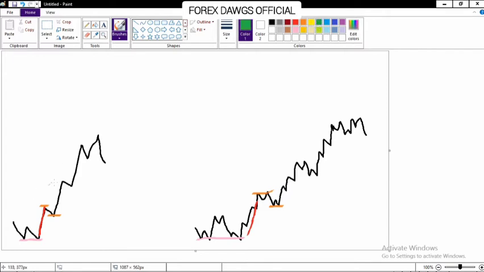This point here was a peak formation for the second level on a smaller time frame, and this was a reset on a smaller time frame, which was actually a pullback on a bigger time frame. Then we had our peak formation high, which is at this point, and it is represented by two M's on a smaller time frame.